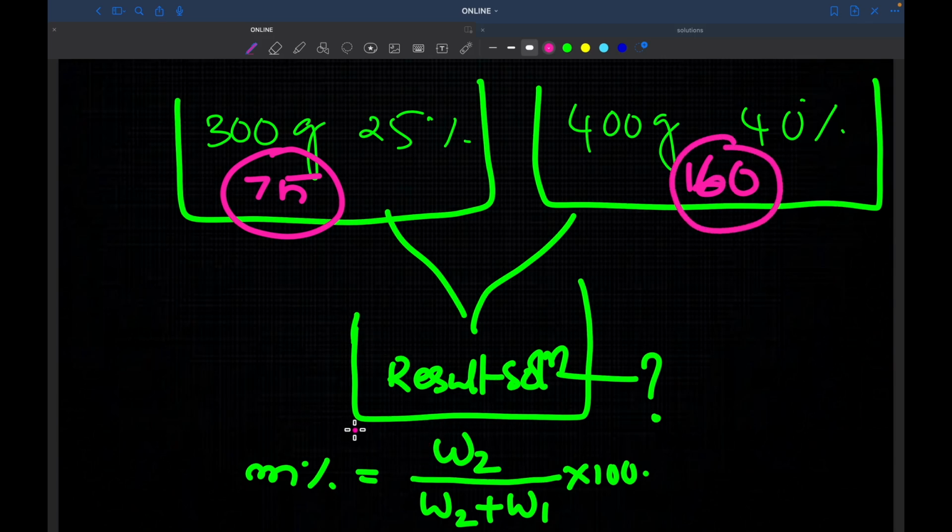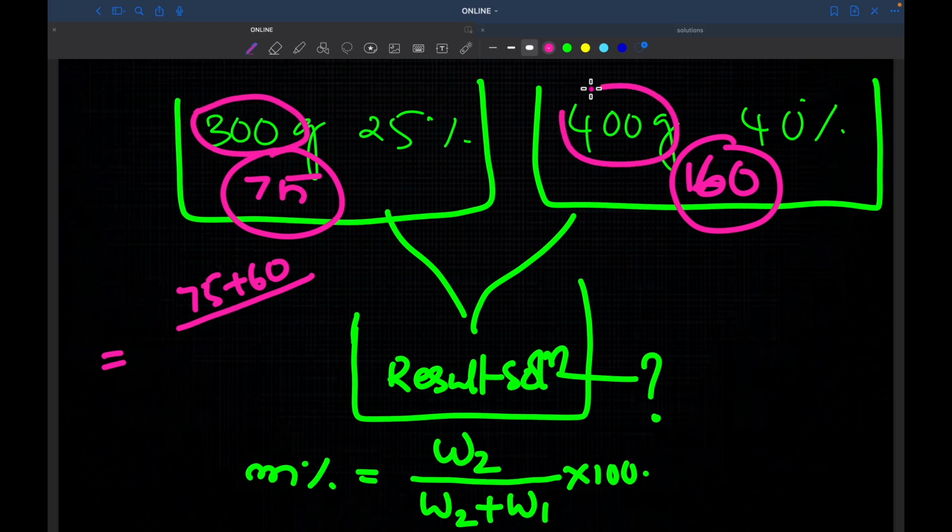Right? So we just plug in here, which equals 75 plus 160. On top it will be 75 plus 160. What should we keep below? Let me tell you. What should we take below? Tell me what you get on adding W1 and W2. The denominator is always the mass of the solution, right? What is the mass of the first solution? 300 grams.